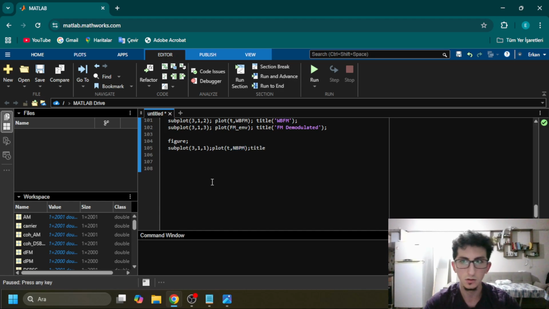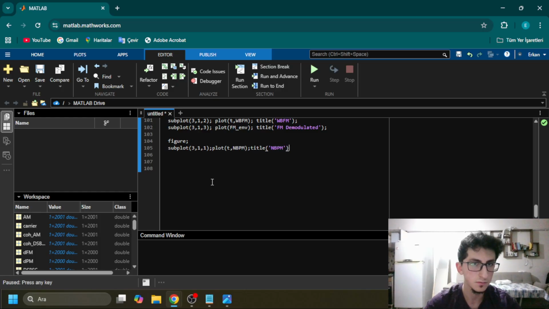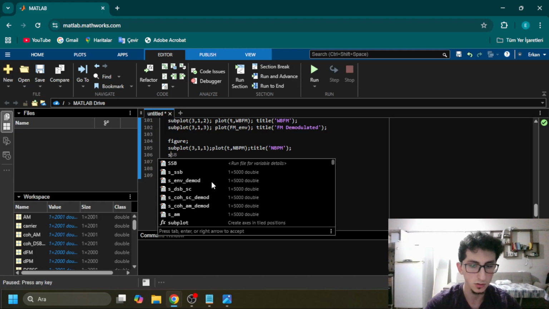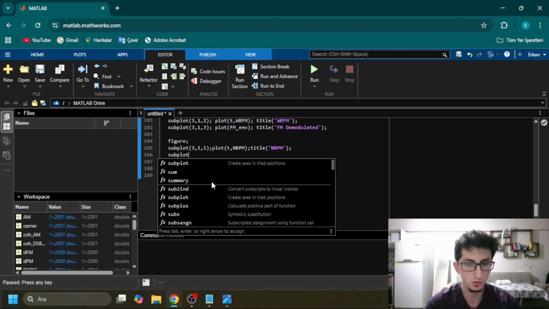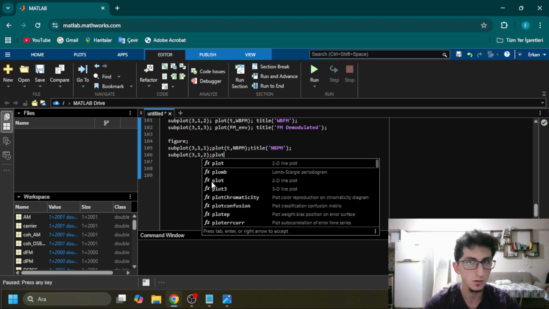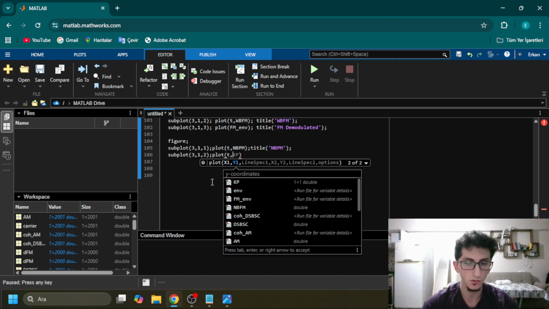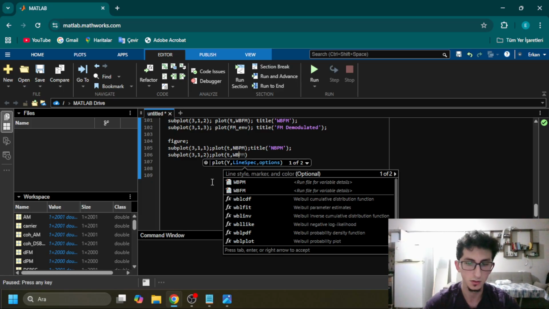Title MBN PM, and also the second one subplot 312, and also plot T wideband PM.